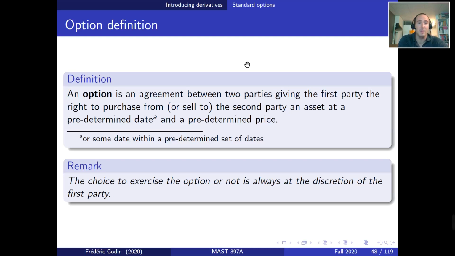The buyer can decide not to make the exchange at the maturity date, and then the option expires and no exchange is made. So the decision to make the exchange or not is at the discretion of the first party, who is called the option buyer.